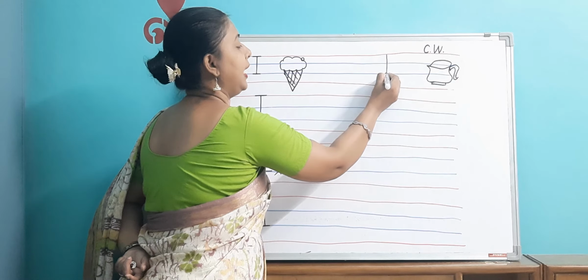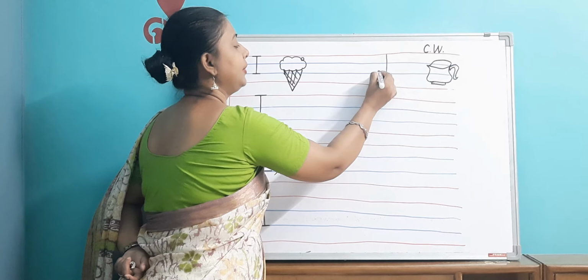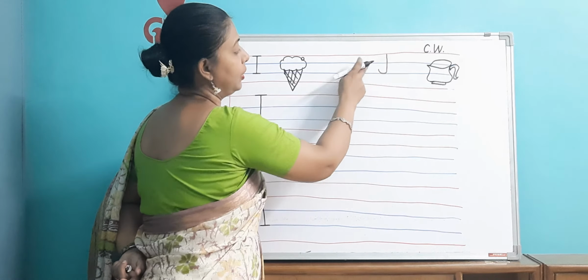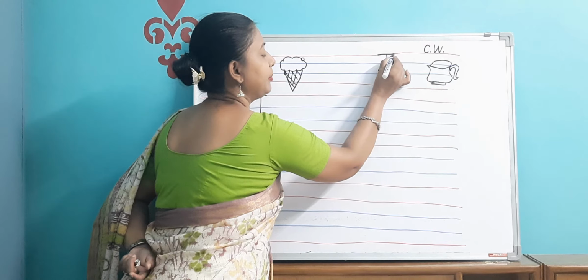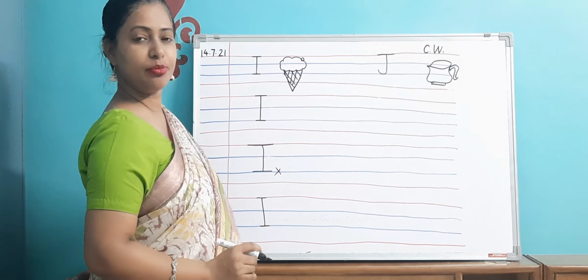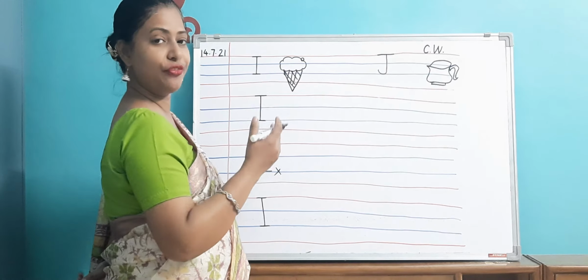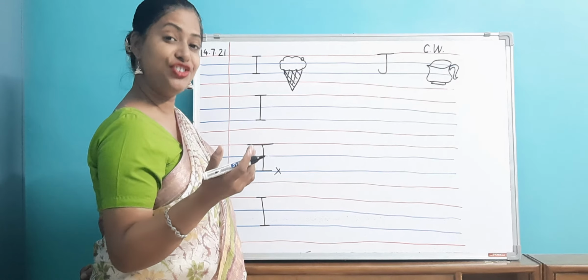Come to the third line and make a curve like this and stop. Don't go till the second line. And on the first line, draw a sleeping line like this. This has become J for jug, and J says J.